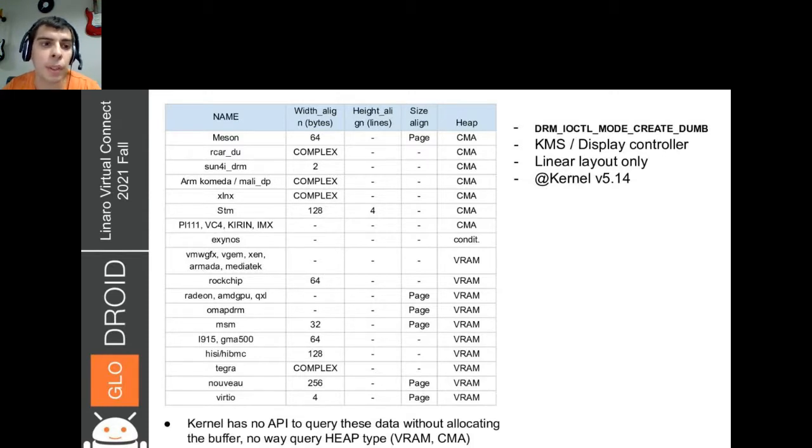It requires physically contiguous memory to operate, while some has an MMU and can work with virtual memory. And for some x86 discrete GPUs, the display controller can scan out only from internal memory, so that is another heap that we need to select.